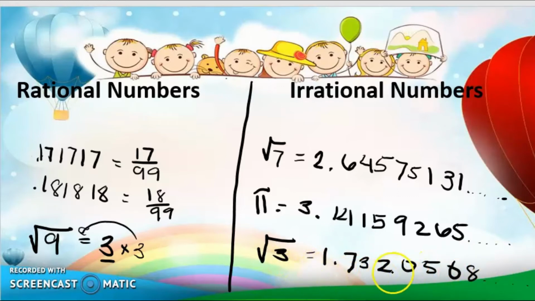We cannot write it as a fraction. Unlike this one, we can write it as a fraction. So, that is rational. So, all negative numbers, negative 1, negative 2, negative 4, negative 3, they are all rational. But when it's irrational, it's like that. Okay?